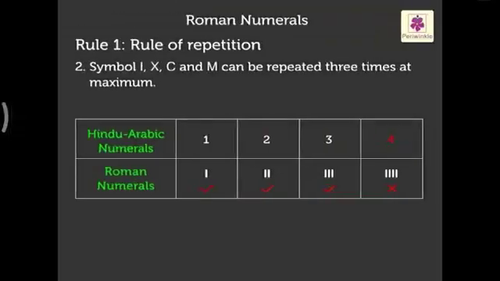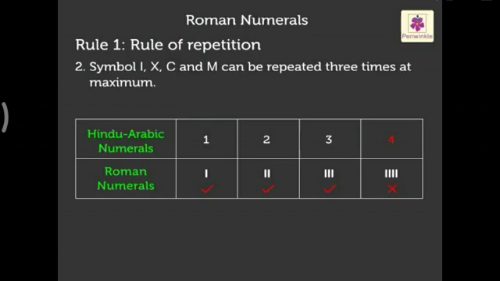Next, rule of repetition, second step. The symbols I, X, C and M can be repeated 3 times at maximum. Here one thing you have to remember: these letters can be repeated 3 times at maximum.